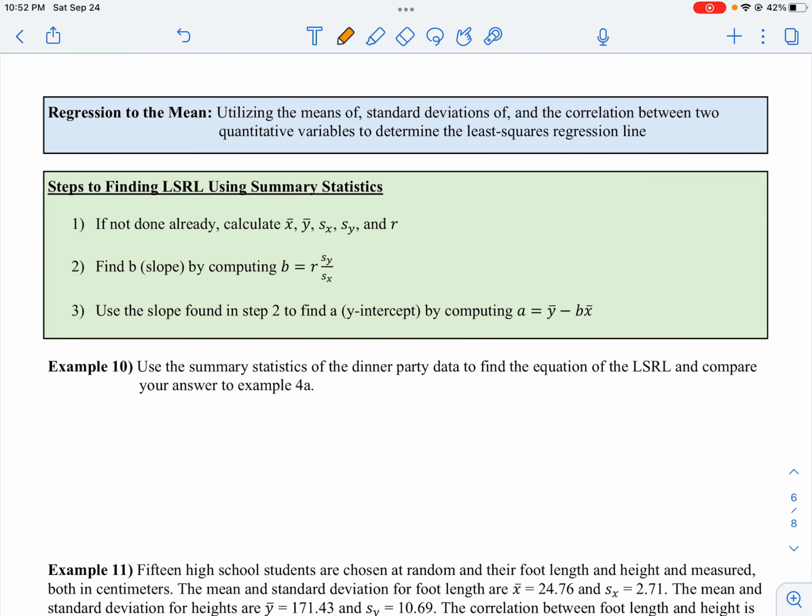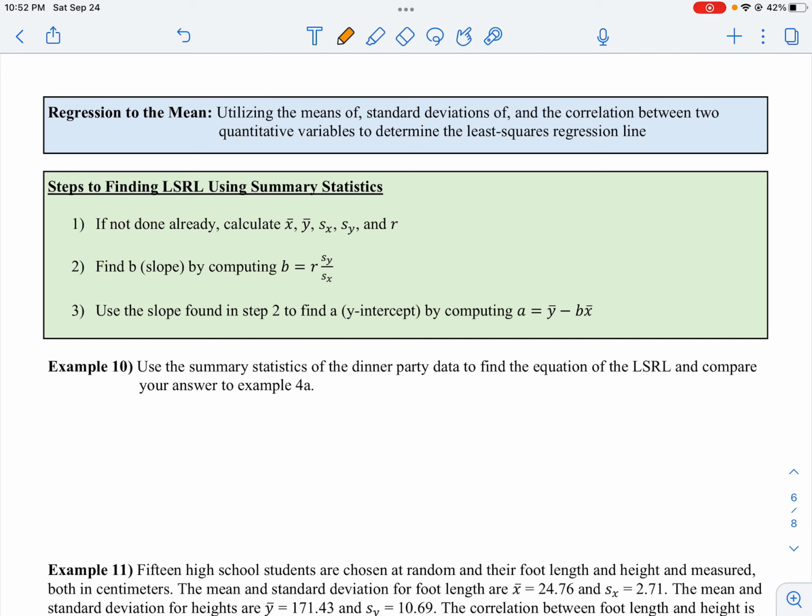So it's a 3-step process. First one, if not done already, calculate x bar, y bar, standard deviation of x, standard deviation of y, and r. Those are all things that would just be done on the calculator using one variable statistics or calculating your least squares regression line.